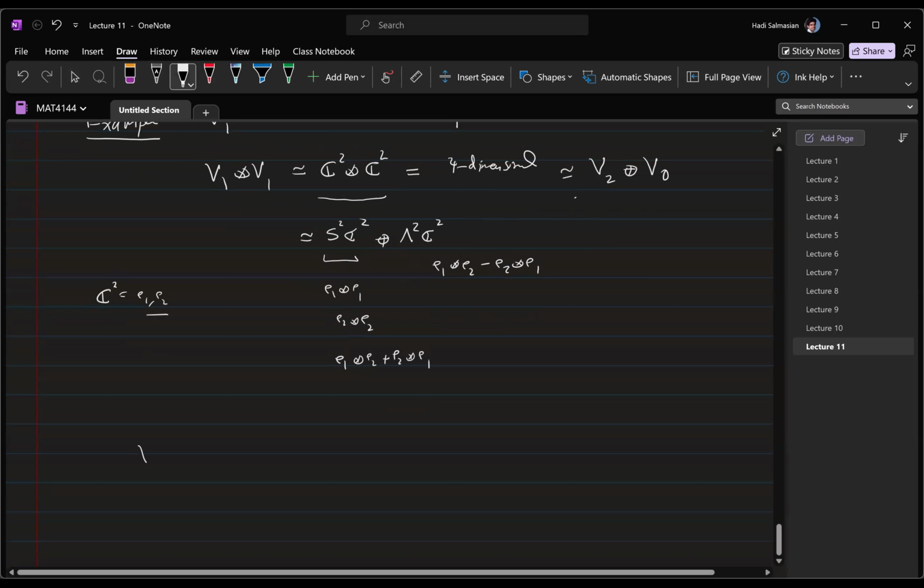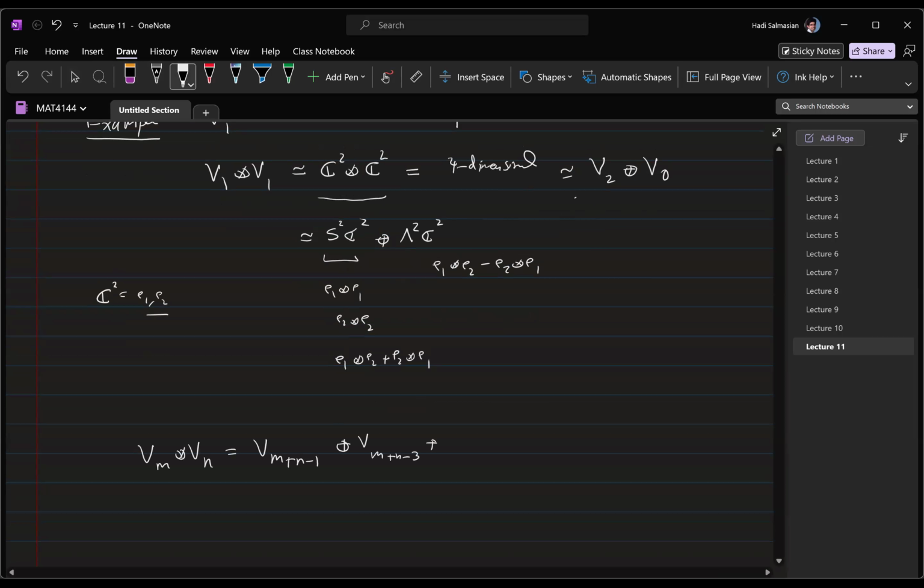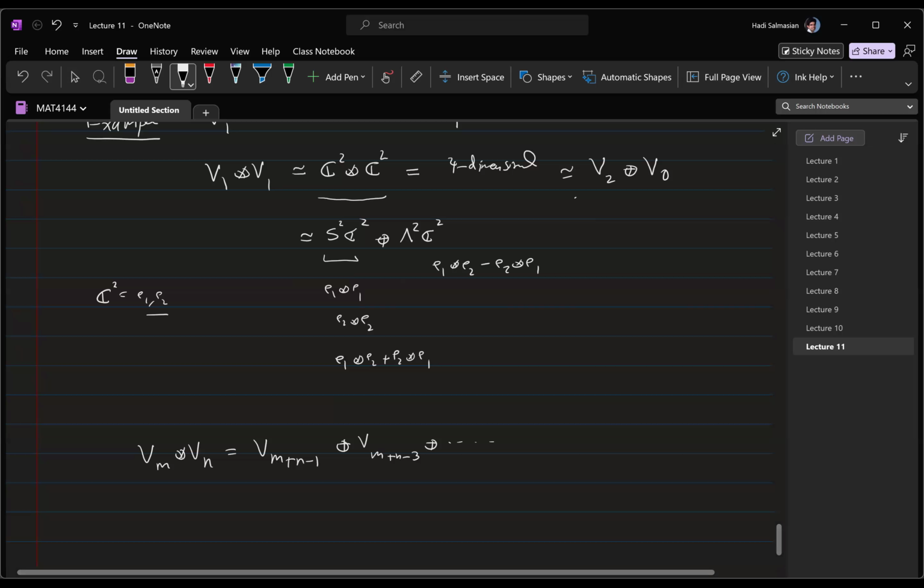More generally, we can also describe Vm tensor Vn. It will decompose as V(m+n) plus V(m+n-2) plus and so on, down to some point, depending on m minus n if I'm not mistaken. This decomposition is actually useful in quantum information theory. It is called the Clebsch-Gordan formula.